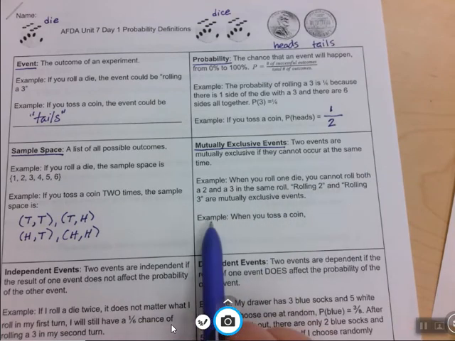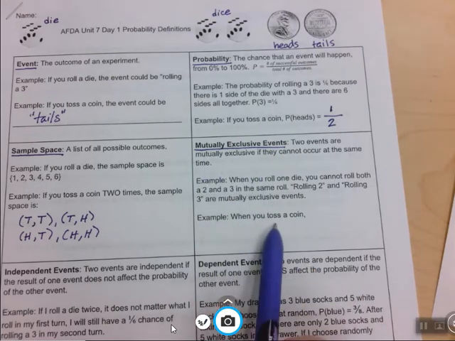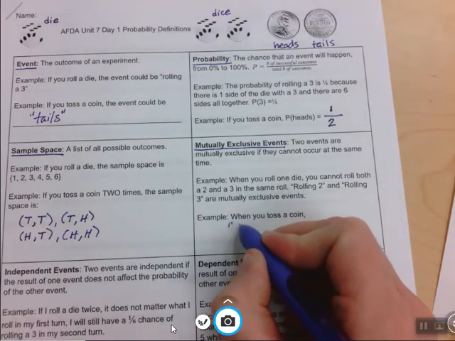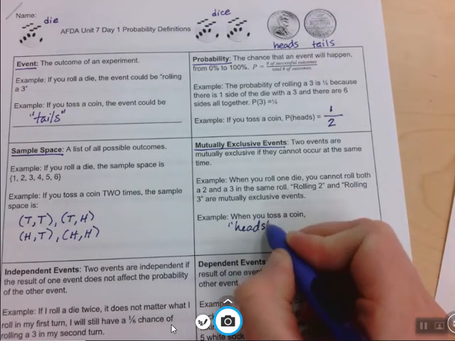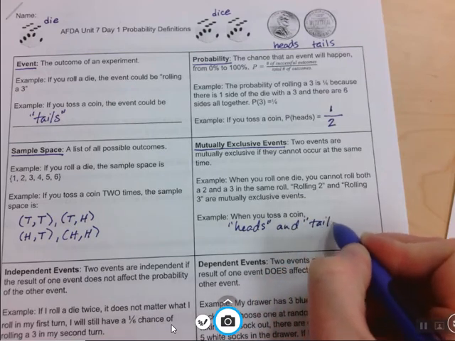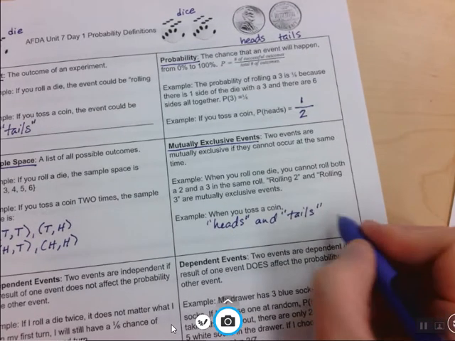So pause the video and write an example for mutually exclusive events for when you toss a coin. Okay, so when you toss a coin, heads and tails are mutually exclusive because you cannot get both of them.